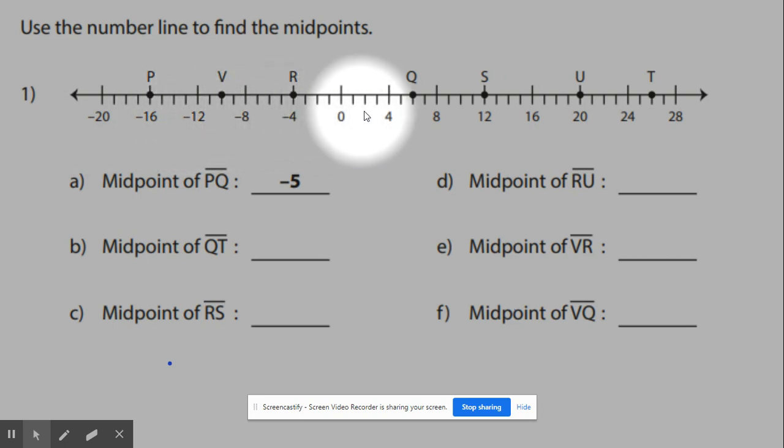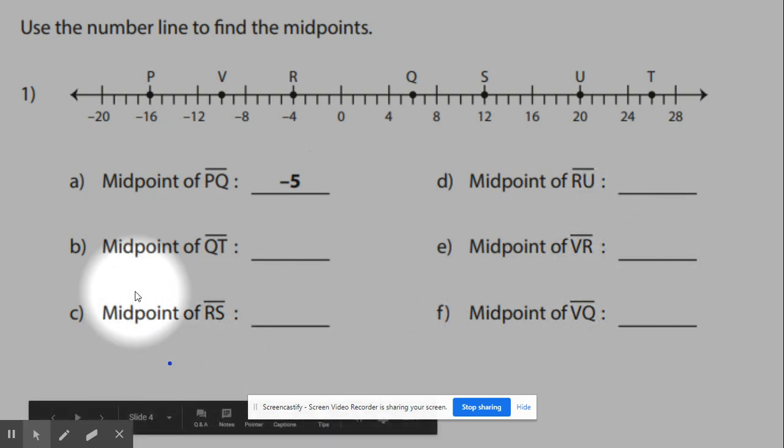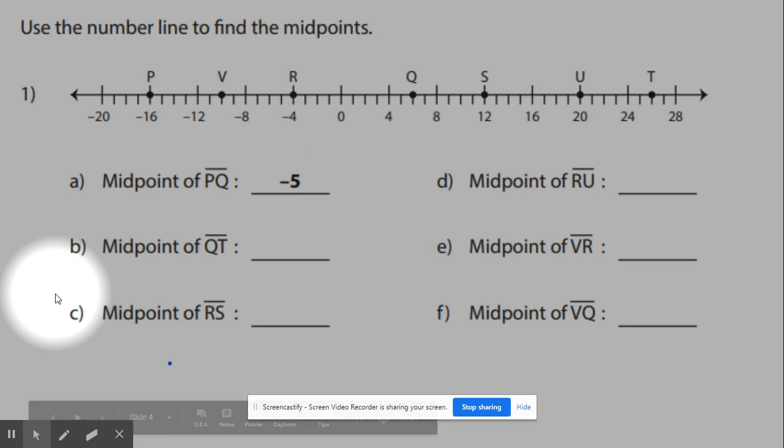You count all the way to here, or you can count each little slash, that's by 1s, and then divide that by 2. Then for your midpoint, you would count that 4 over, and it would give you the -5, which is right there. So attempt these, and then you can get with your teacher, or I'll put the answers in another slide.